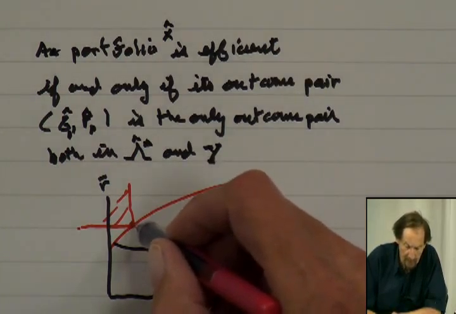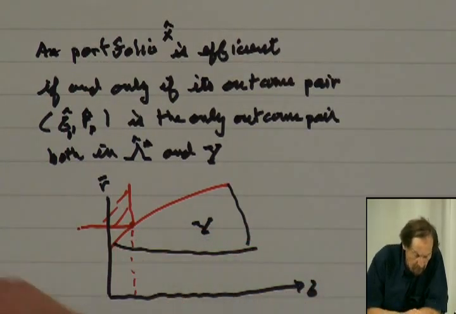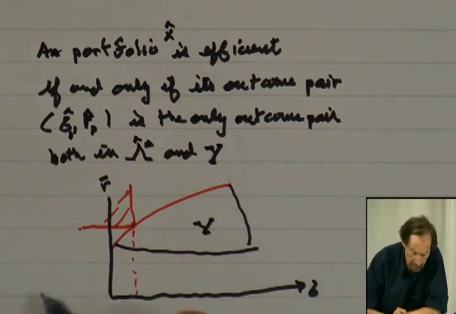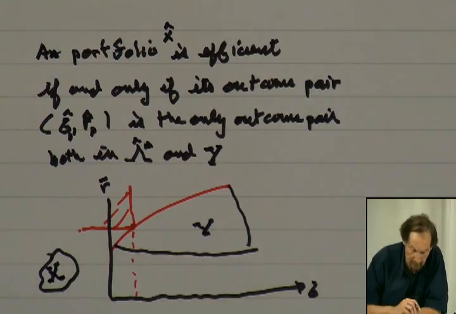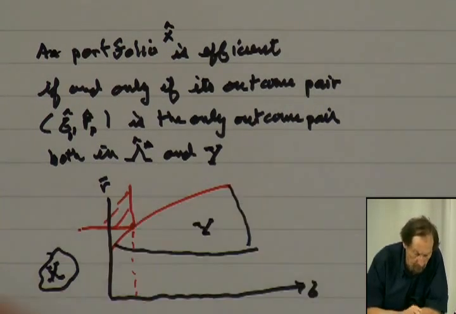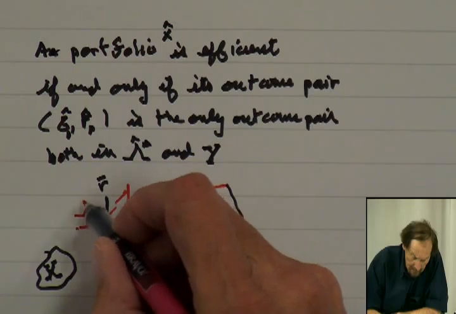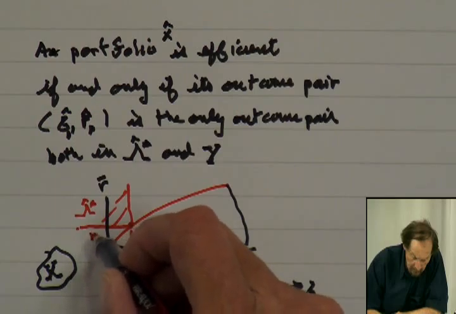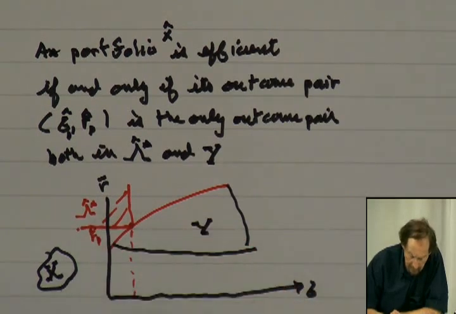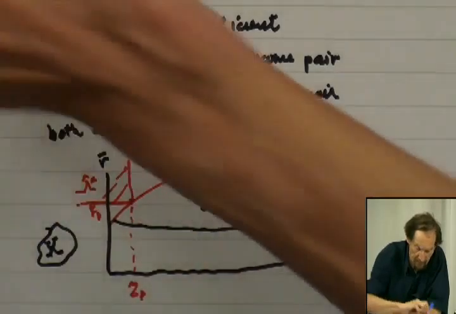So if we look at this guy, let's draw an x. We'll draw this as lambda hat star, and this is r hat p and sigma hat p. So there is our lambda star. Now let's look at another point.